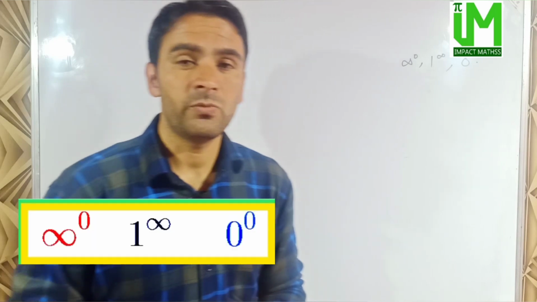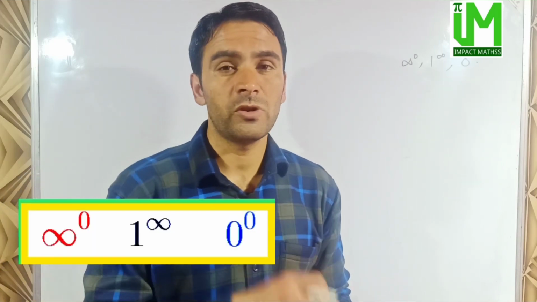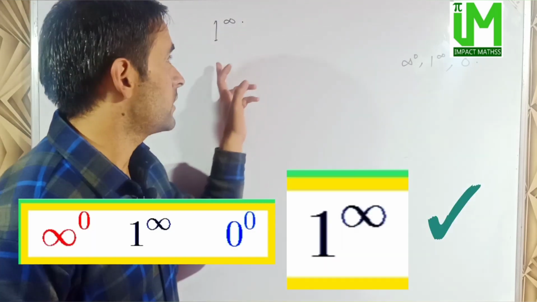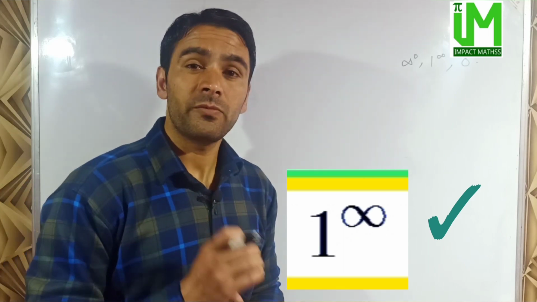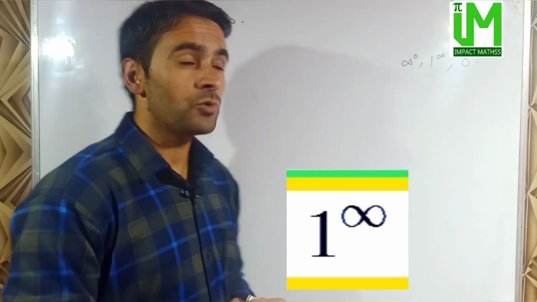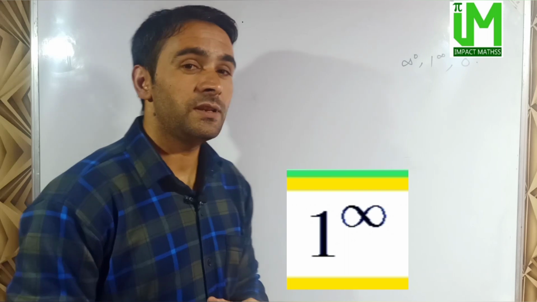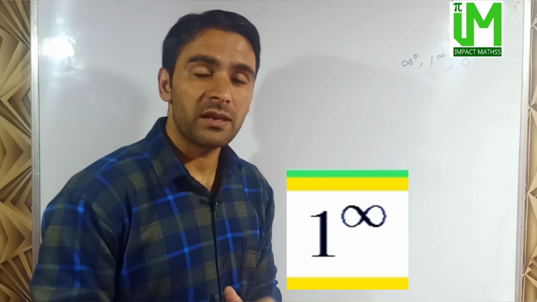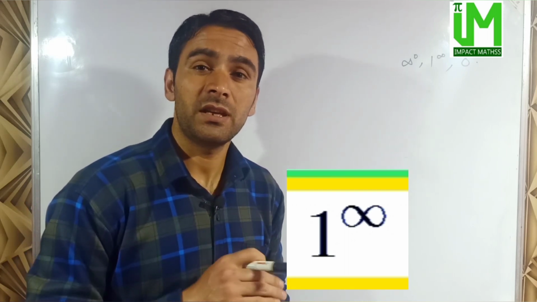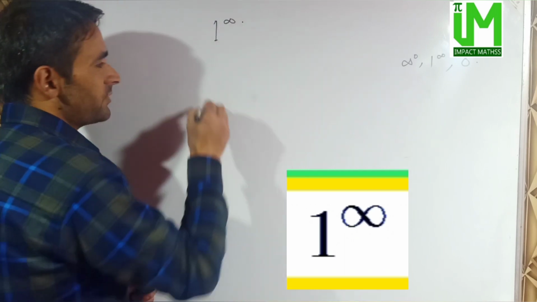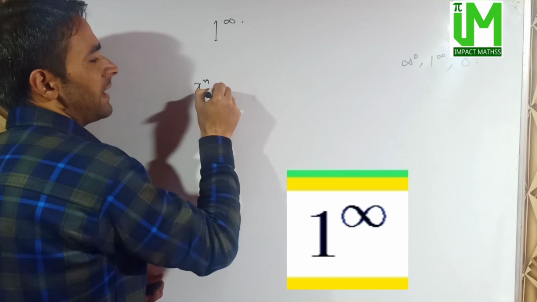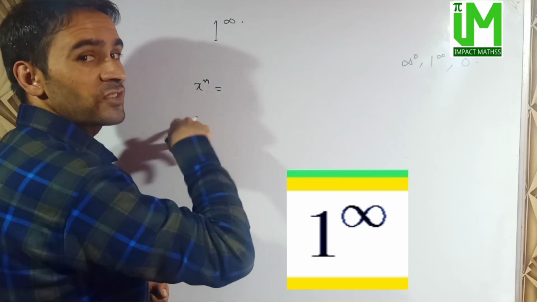Now we will be going through each power indeterminate form one by one, and first we will go through with 1 raised to power infinity. And the first striking thing about 1 raised power infinity is that कि क्या वाकई 1 raised power infinity एक indeterminate form है या नहीं, because we know x raised to power m means x is multiplied with x m times.